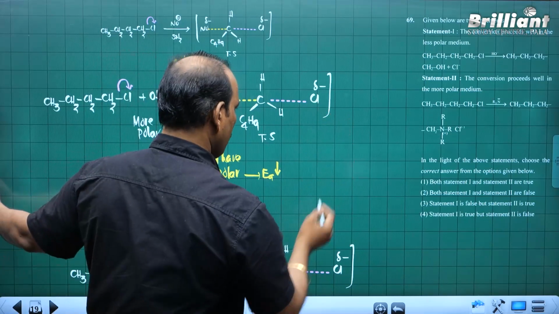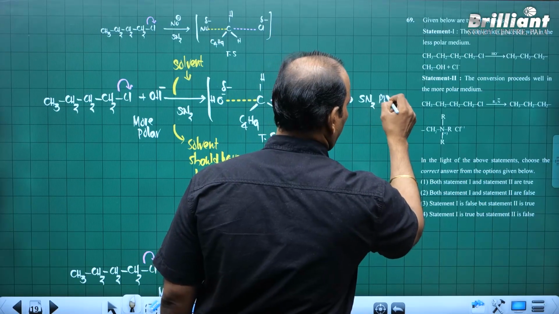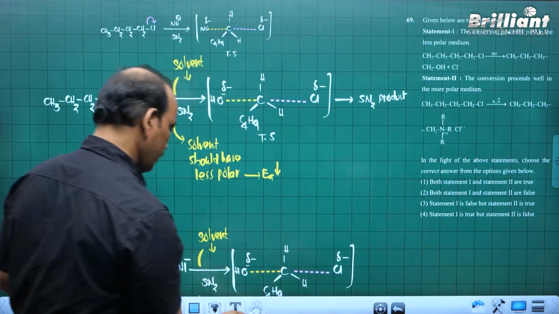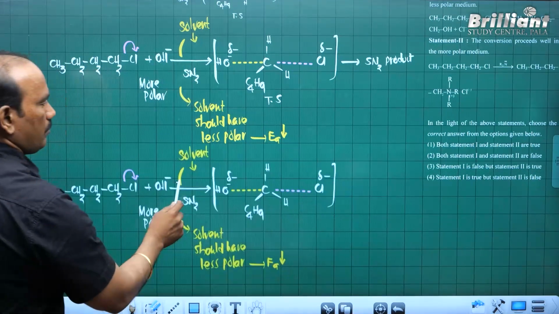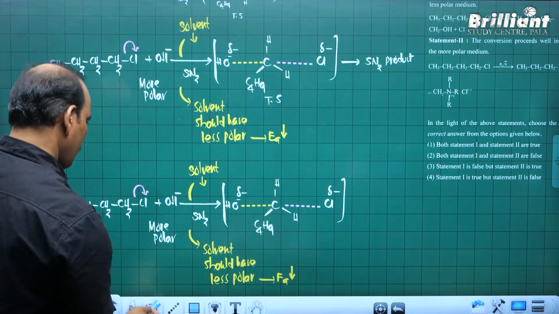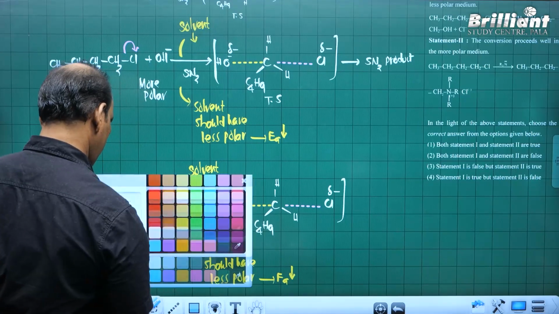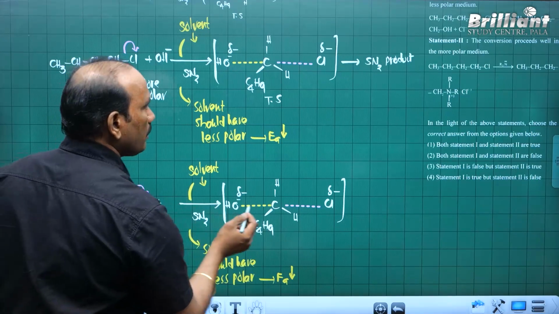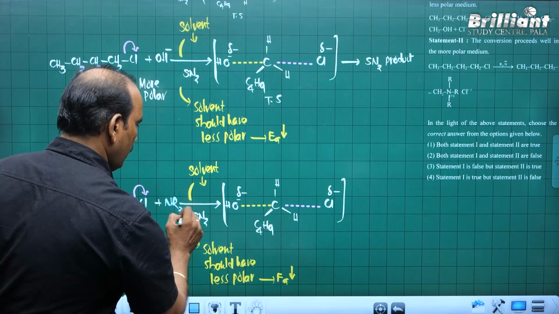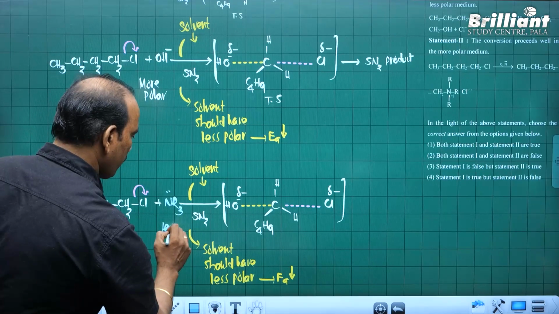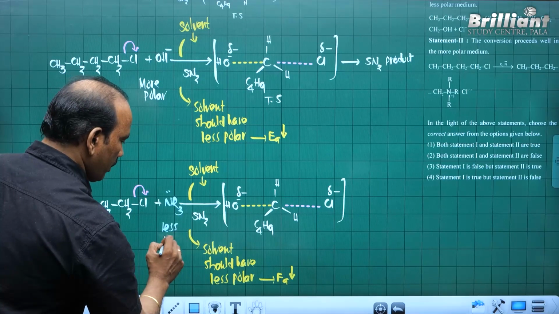Then after that you get a product, which gives the SN2 product. Then we are using here NR3 as the nucleophile, which is less polar. Here the polarity charge is very low.